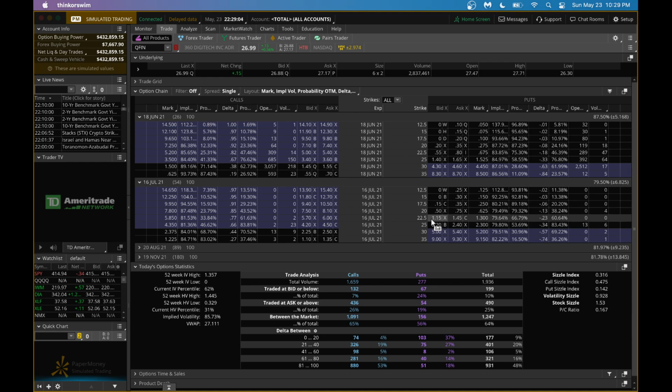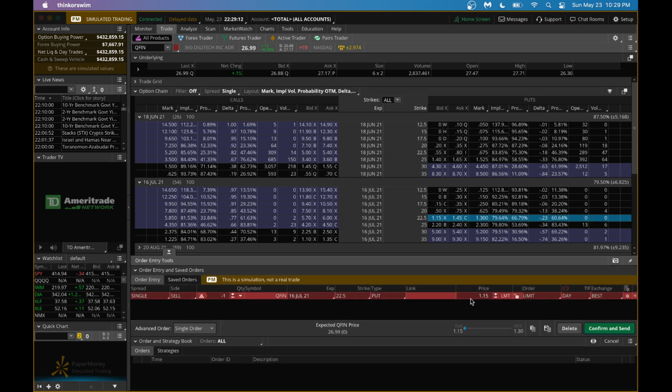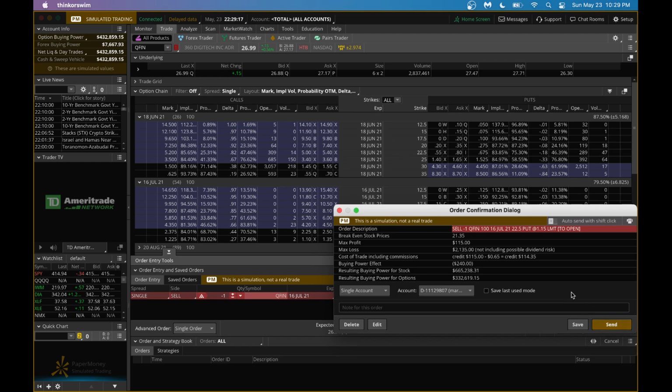You could even do a spread here. Let's see what we can do. So we could sell this put outright. For example, if you just sell it, you'll collect $1.15. And with the stock showing some positive momentum, if the stock stays above 21.35, you get to keep this entire $115.